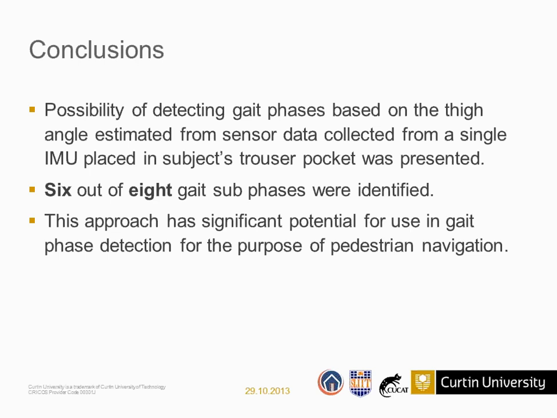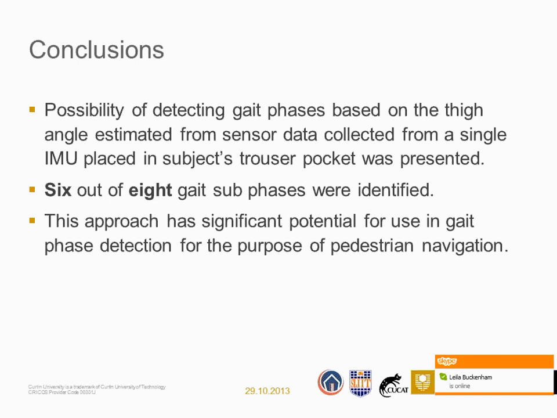Right. As a conclusion, the possibility of detecting the gait phases based on the signal derived by a single IMU, a single thigh-mounted IMU, was presented here, and 6 phases out of 8. Yeah, 6 equals 6.